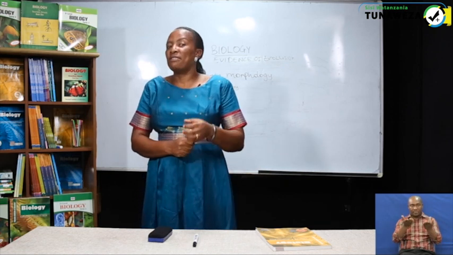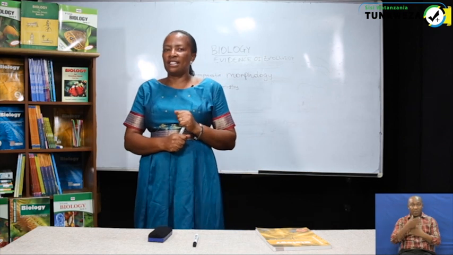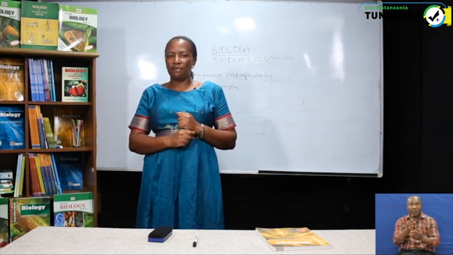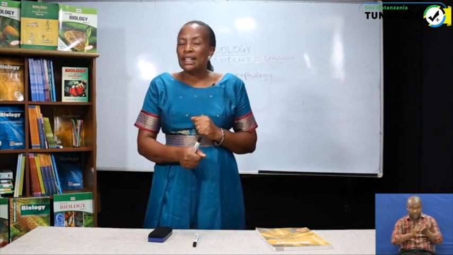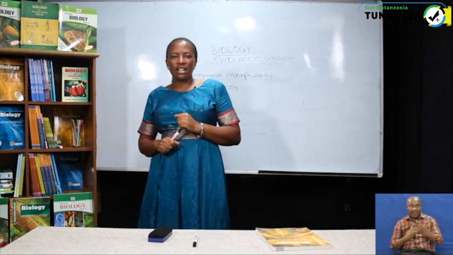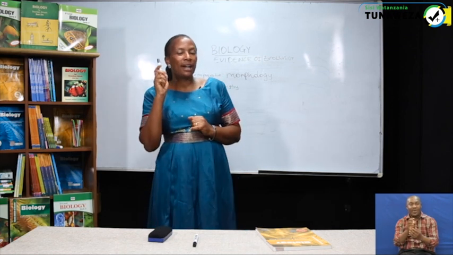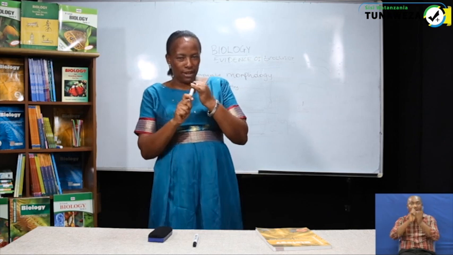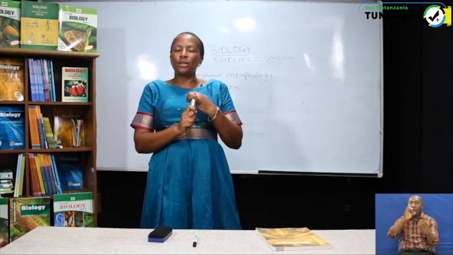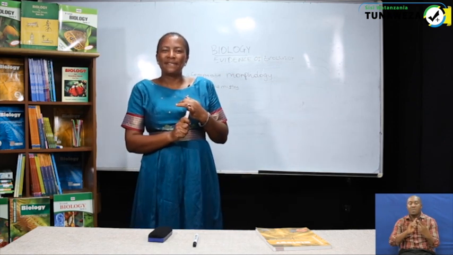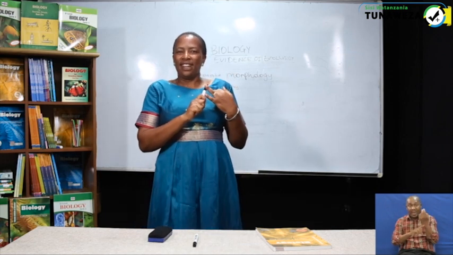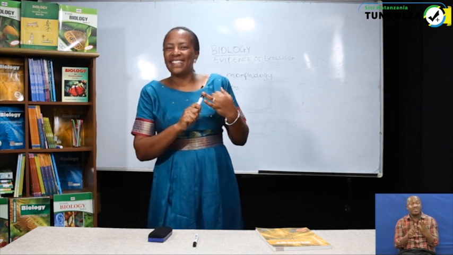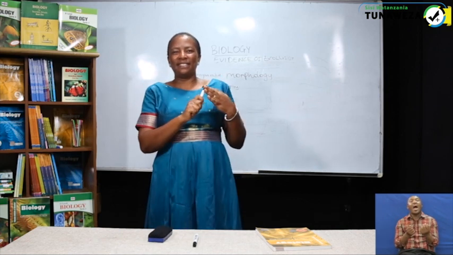Yes, we have only 5 evidences of organic evolution to discuss. Let's recap a little bit. Students at home, tell me those 5 evidences of organic evolution. Number 1, comparative anatomy. Good. Number 2, comparative embryology. Number 3, fossil records.